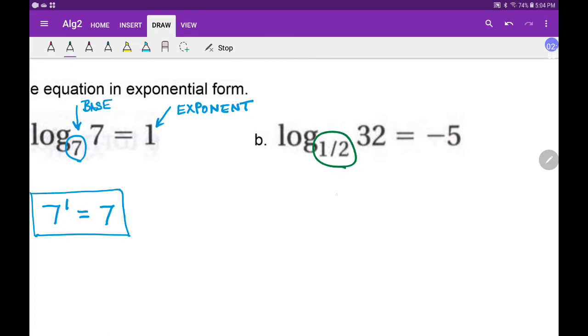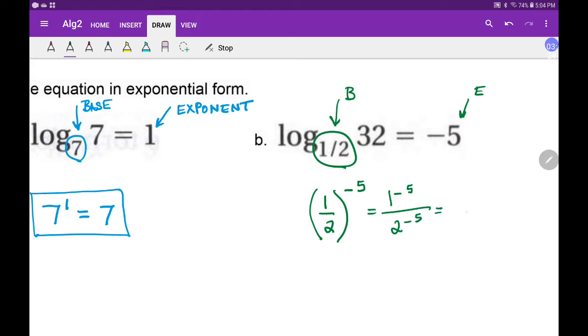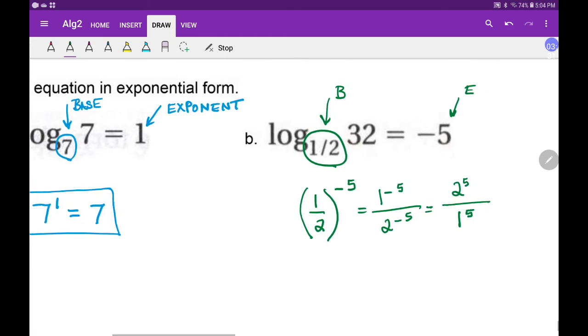So my base is 1/2. Okay, so I'm going to put parentheses, because otherwise I won't know what's going on. And so that's my base. You know this. This is the base, and this is the exponent. So what does the negative 5 do? Well, the negative 5 goes on the 1, and it also goes on the 2. And it tells the 1 to go on the bottom and have a positive exponent. And it tells the bottom to go on the top and have a positive exponent.